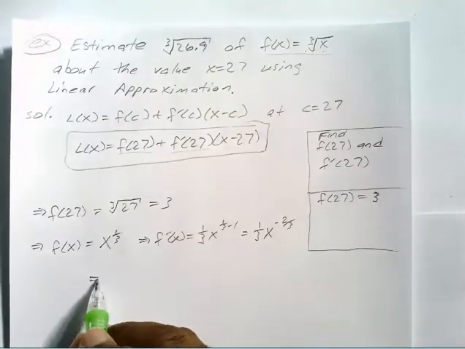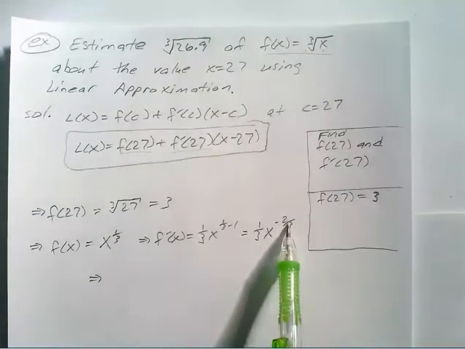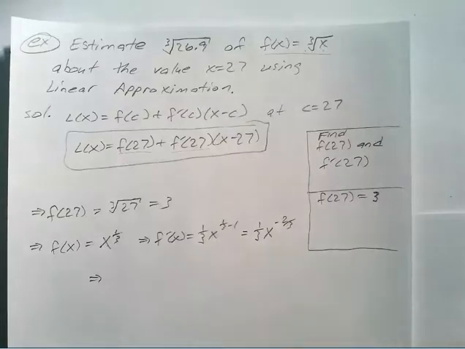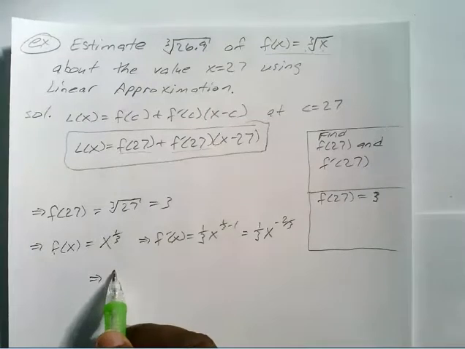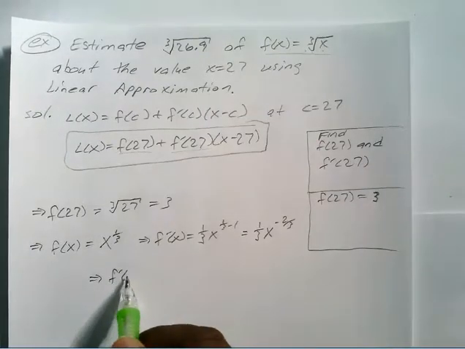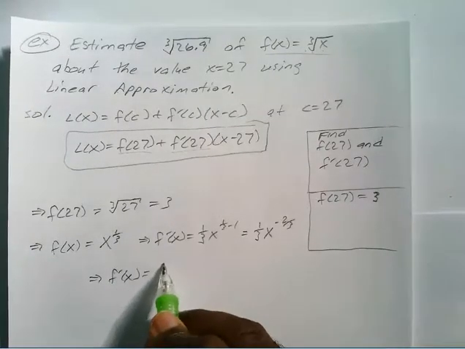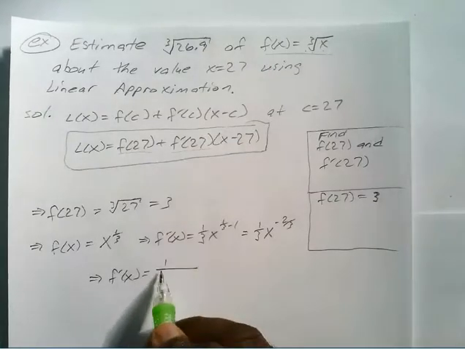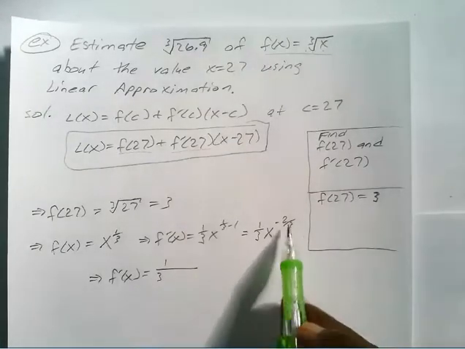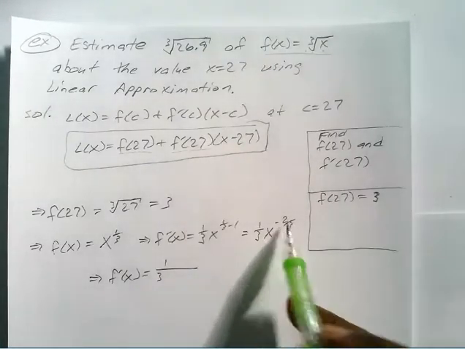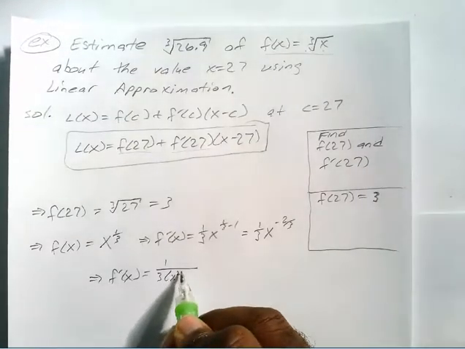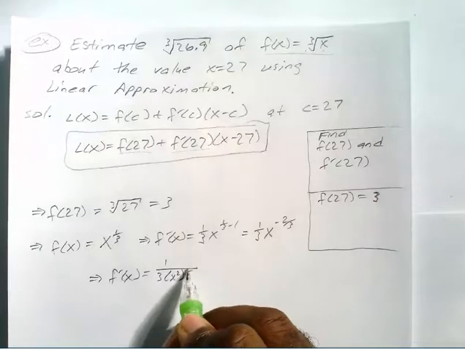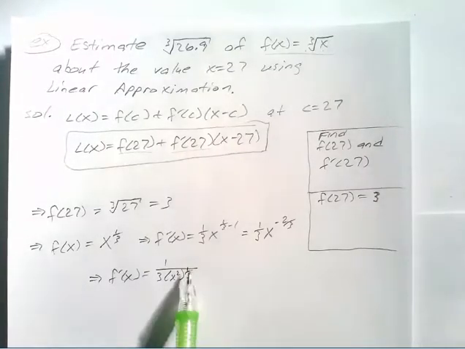Since that's the negative 2/3 power, we're going to make that f prime of x equal to 1 over 3 times x squared to the 1/3 power, because remember, you multiply those and you get 2/3.